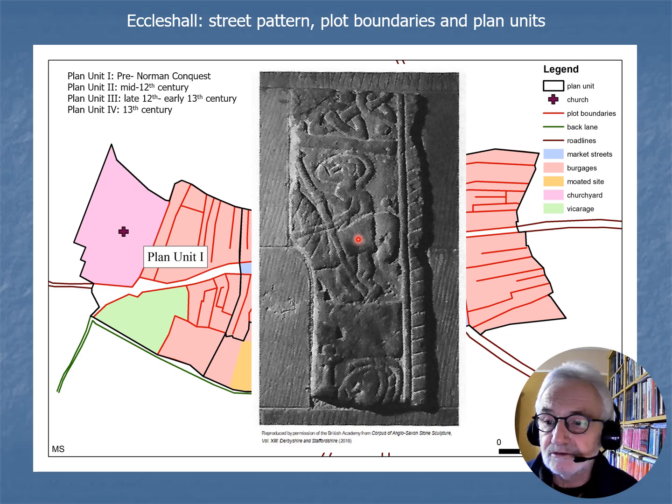The best preserved cross shaft shows a rider on a horse holding a long staff or spear. Below this is a fragment of a further figure, of whom only the head survives. He is holding a cross, indicating perhaps that he is a priest.